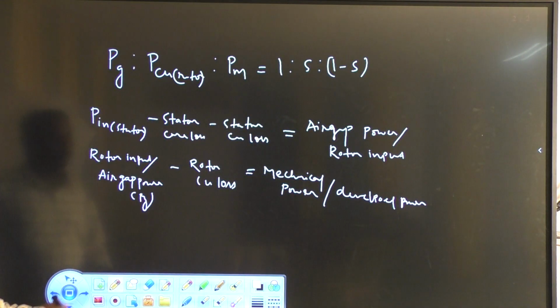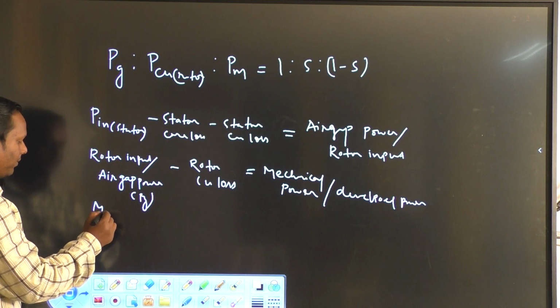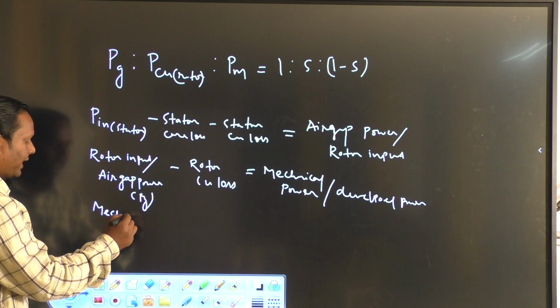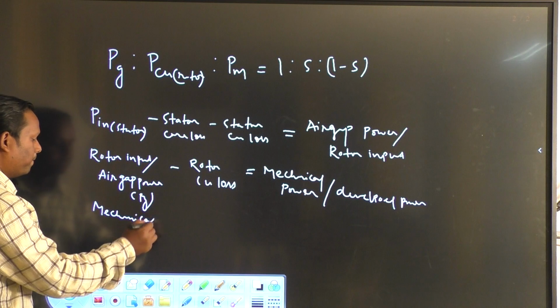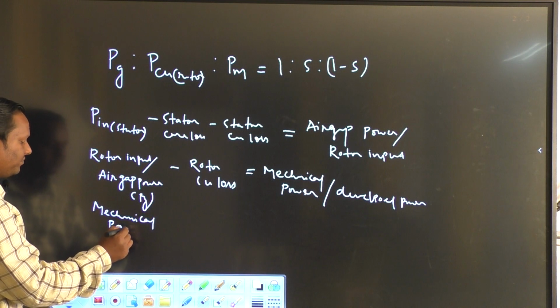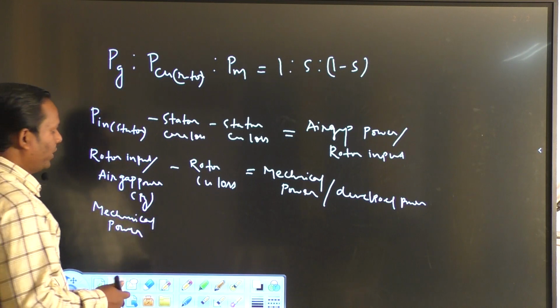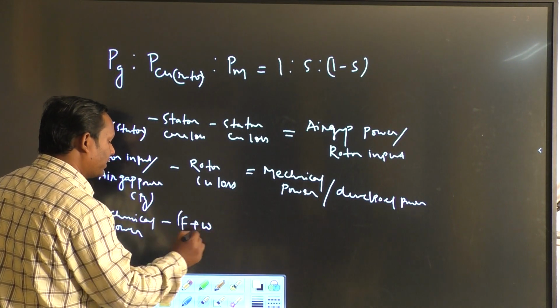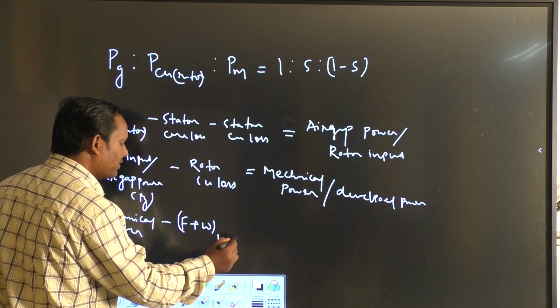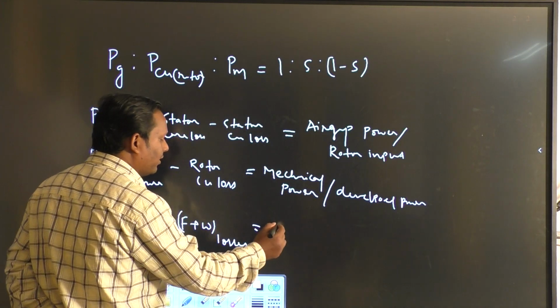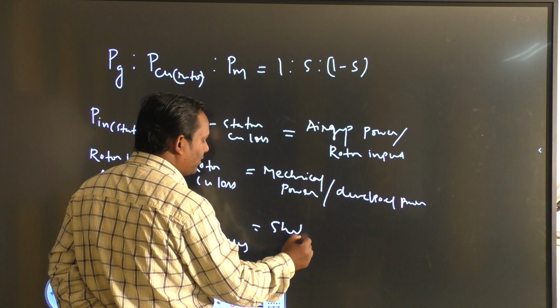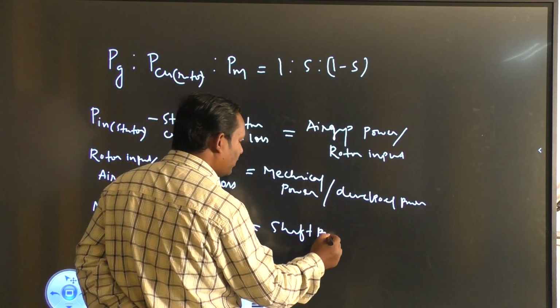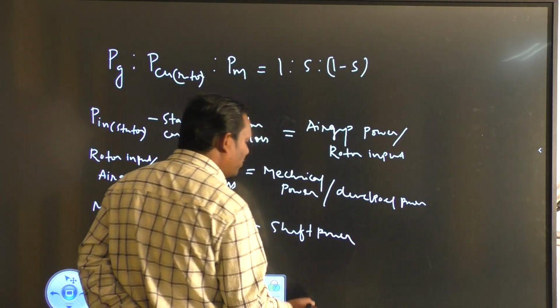From the developed power or mechanical power, if we subtract the friction plus windage losses, we get the shaft power, which is the output power.